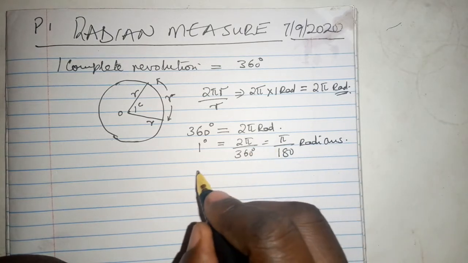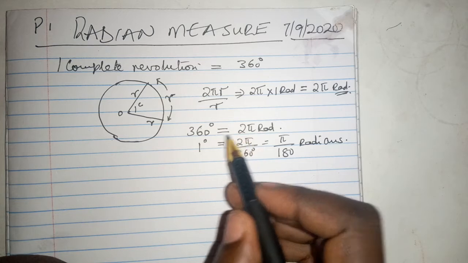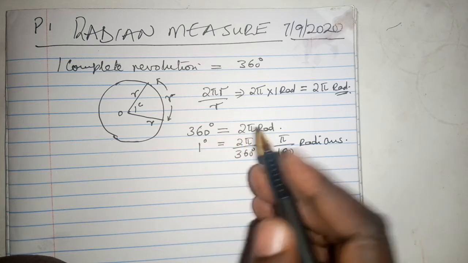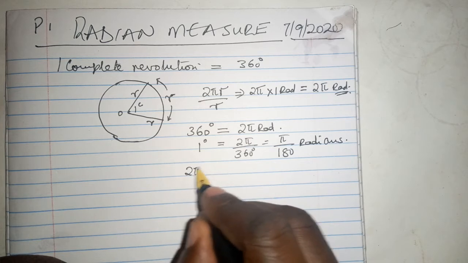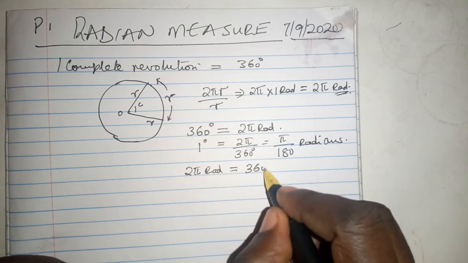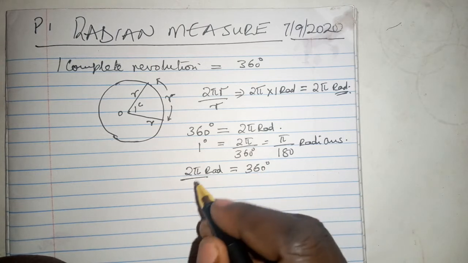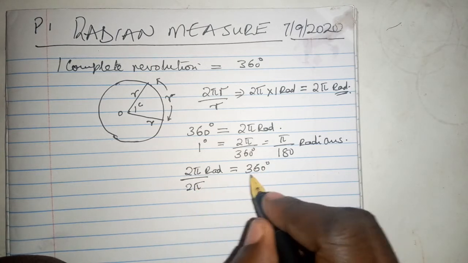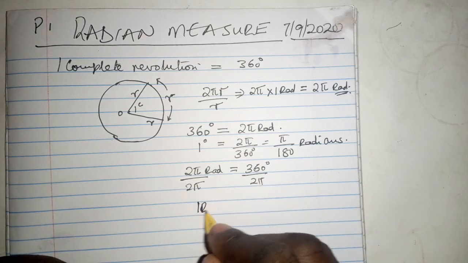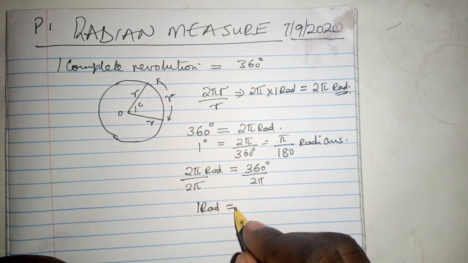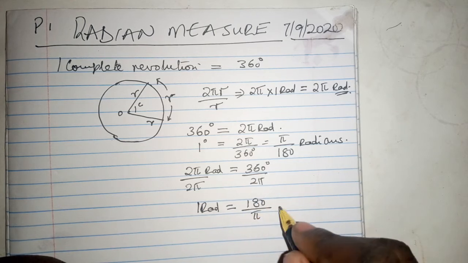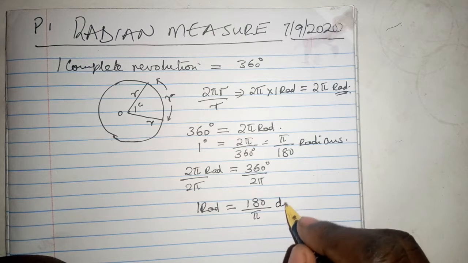If you consider the other way, if 2 pi radians was originally equivalent to 360 degrees, and you divide both sides by 2 pi, you realize that 1 radian is equivalent to 180 over pi degrees.